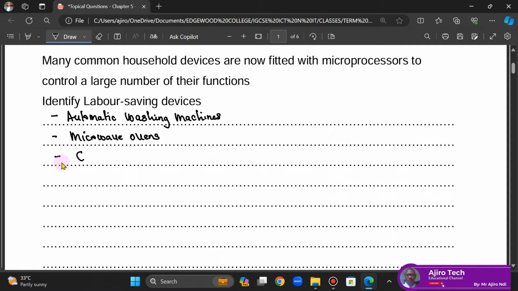We have cookers. We have robotic vacuum cleaners.